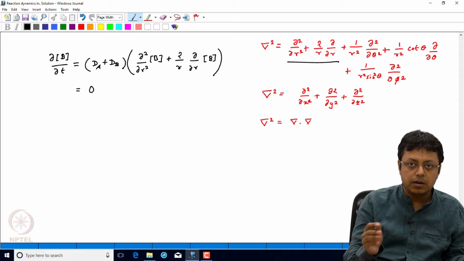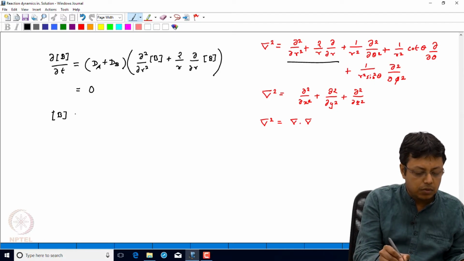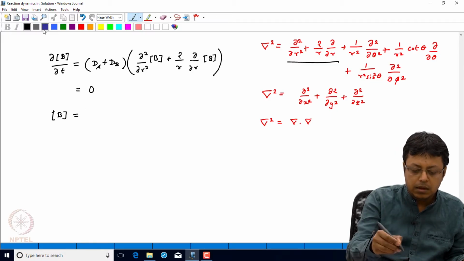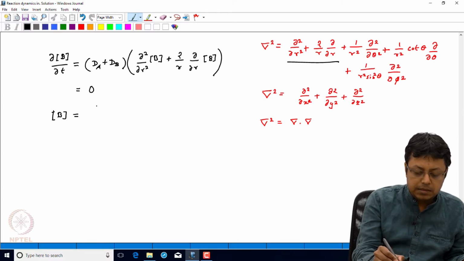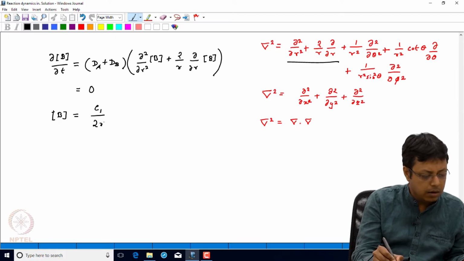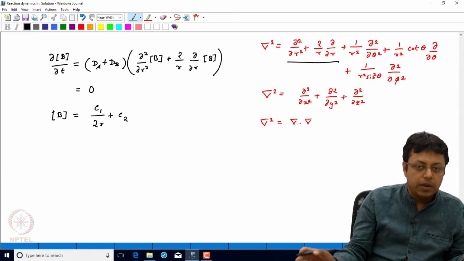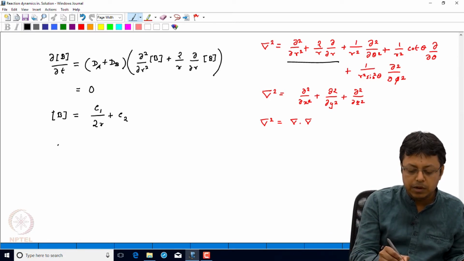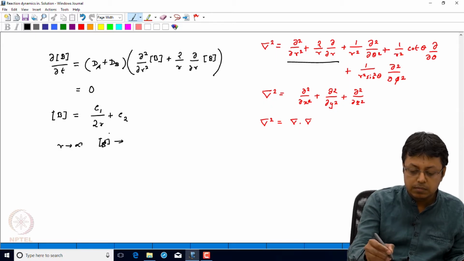Now, we can right away solve this equation, and the solution is B, which again is a function of the radial coordinate. B is C1 by 2r plus C2, where C1 and C2 we have to determine. We can use the boundary condition: we already know that if r tends to infinity, B tends to equilibrium.